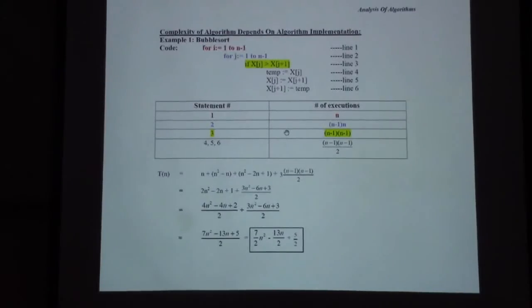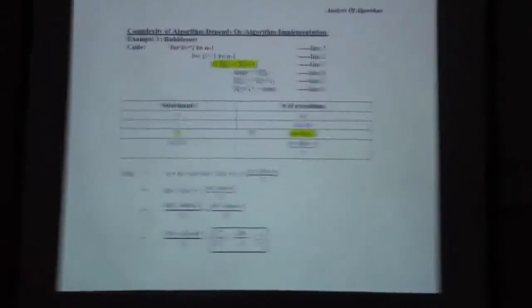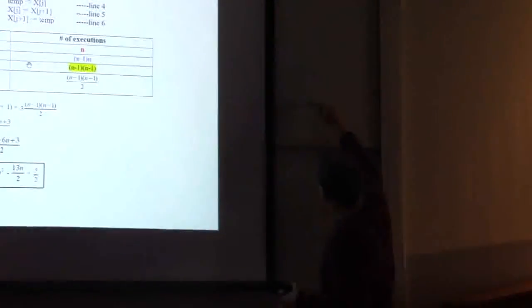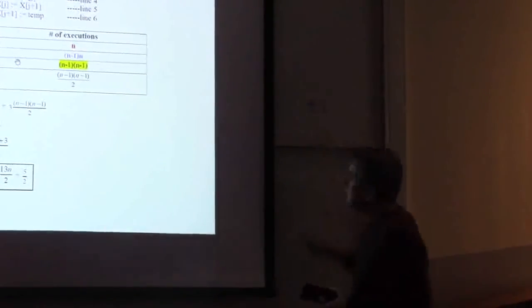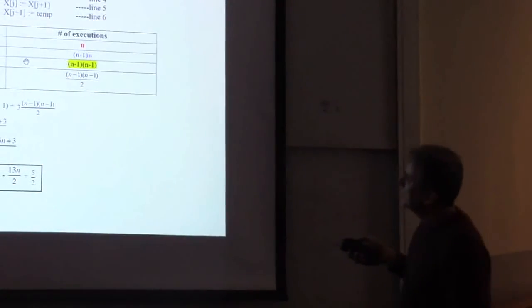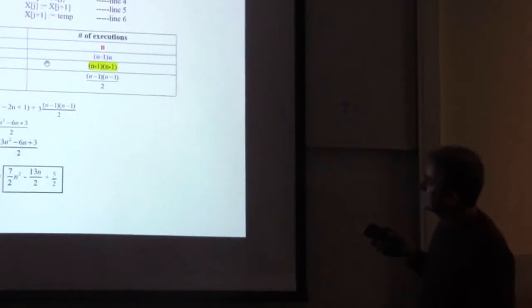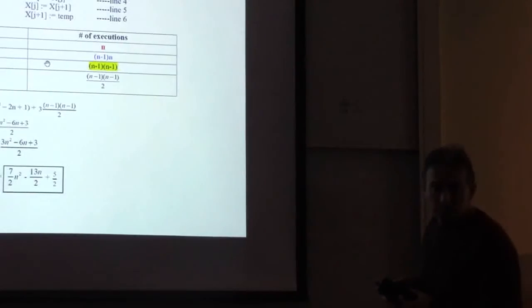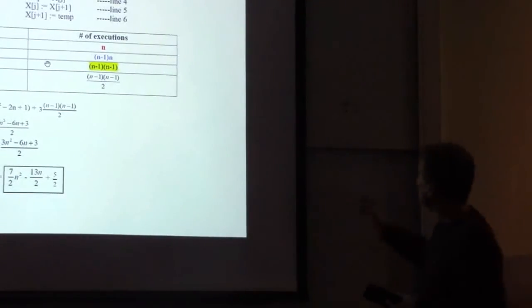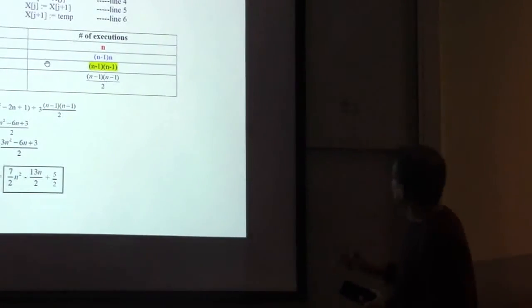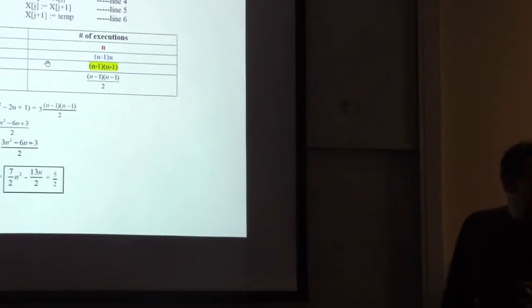So this executes n minus 1 times. And the second time? n minus 2 times. How about the very last time? How many times does this statement execute? 1 time. So what we need to do is add the numbers 1, 2, 3, 4. We have the sum of those numbers.